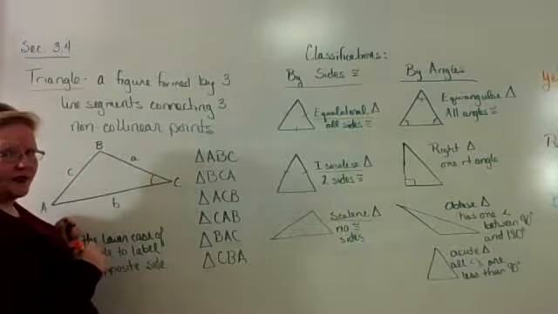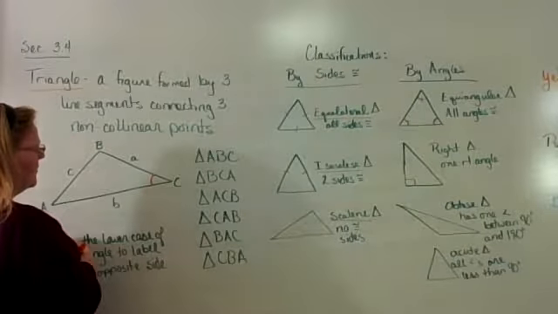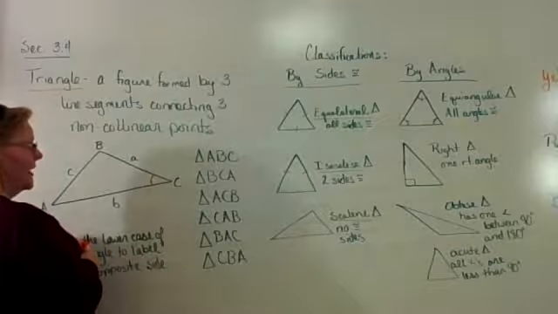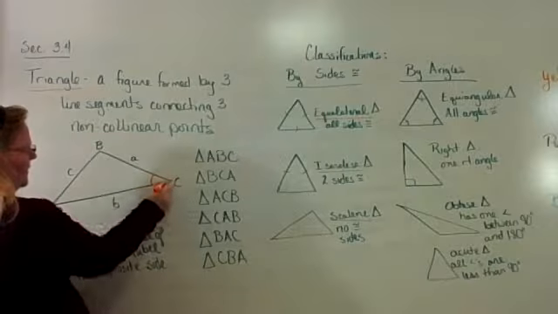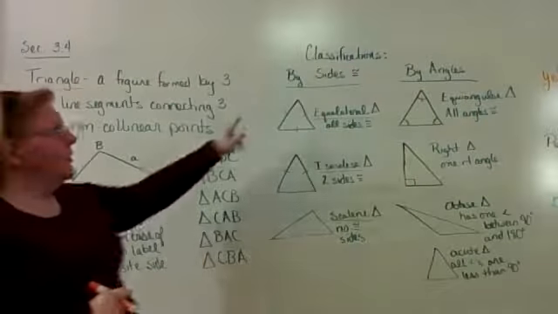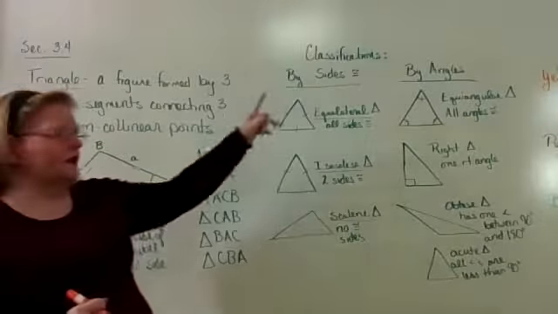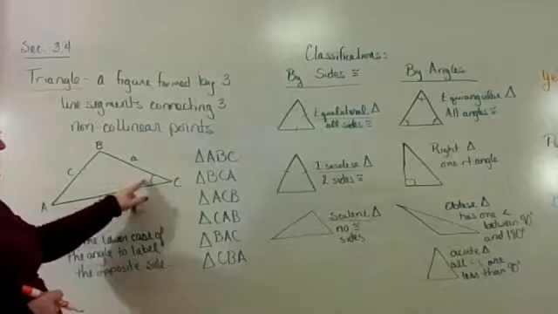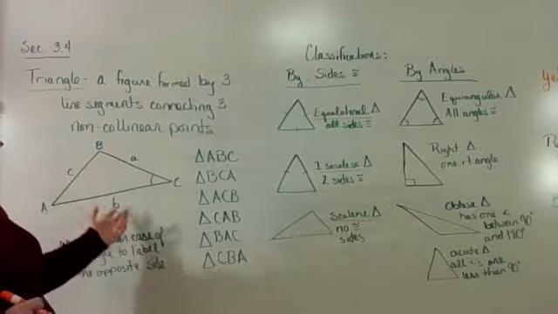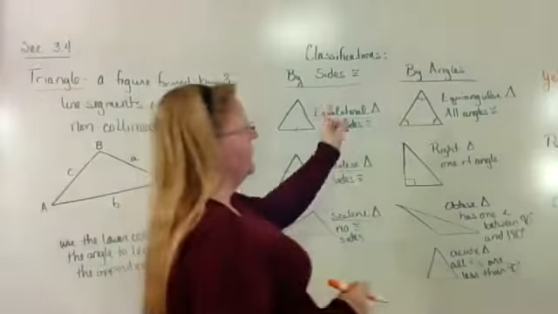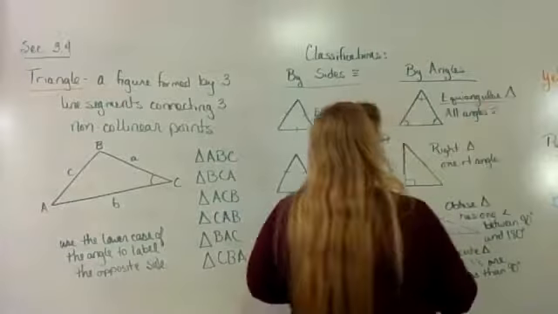That's what angle C is, the space inside those two rays. When I'm talking about a side, I'm talking about the line segment that connects two things. So when we're classifying by sides, we're classifying based upon the line segments. And when we're classifying by angles, we're classifying by the space it takes in between the rays of each of the triangles.